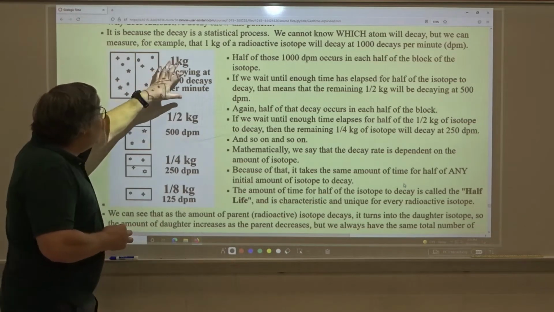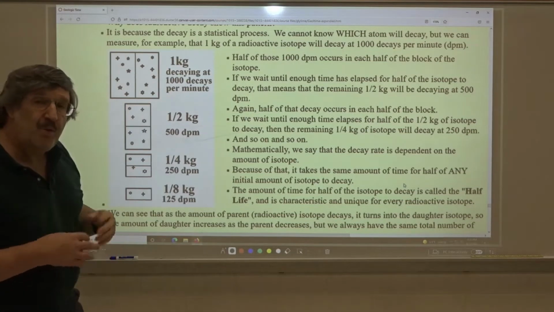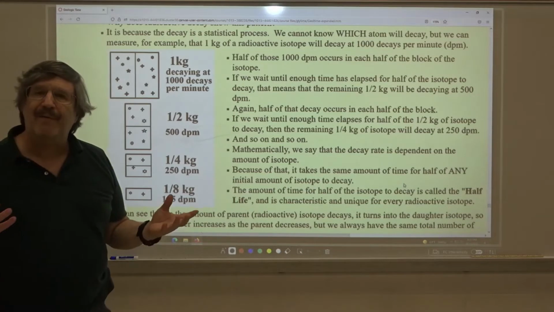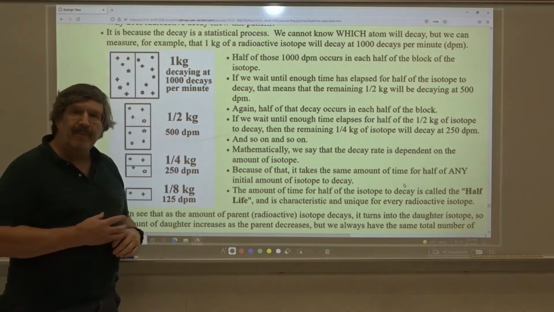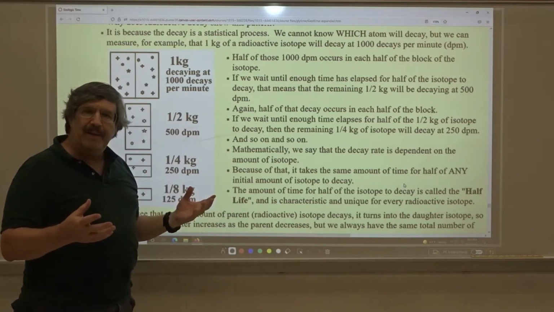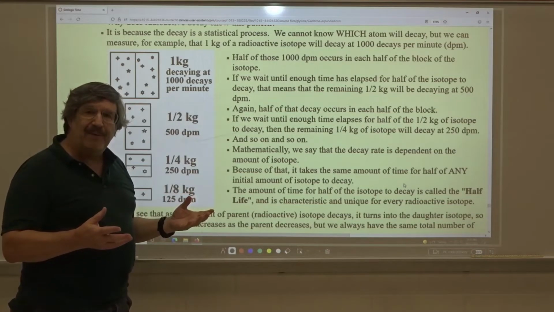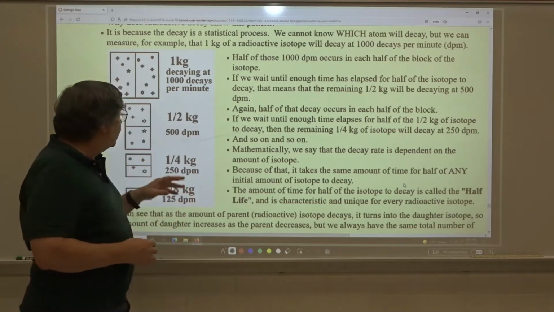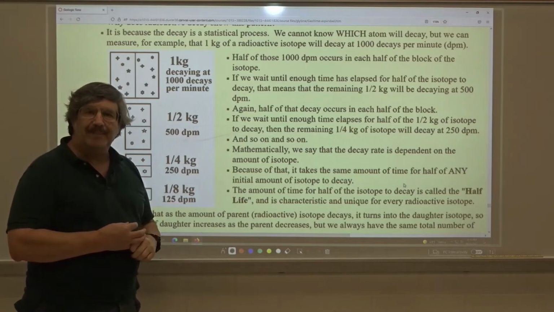Additionally, if instead of cutting this in half physically, let's just wait until half of the radioactive isotope has decayed away, then that will also result in a decay rate of 500 decays per minute.